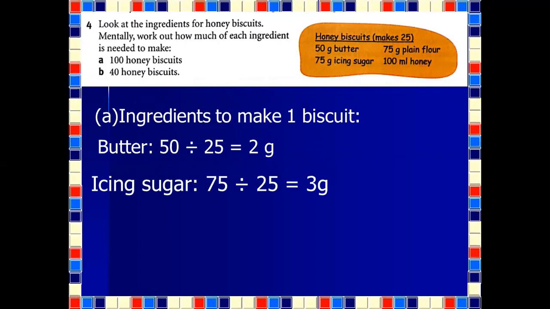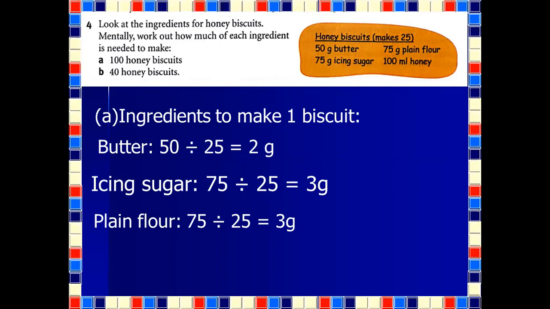Now flour, there's 75 to make 25. I will divide by 25 to find the amount to make 1 biscuit, which is 3. Now honey. What's the amount of honey? 100 milliliters to make how many? 25. What I will do now? Divide by 25. Excellent, excellent.